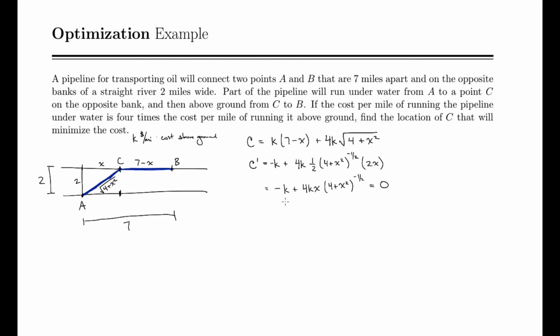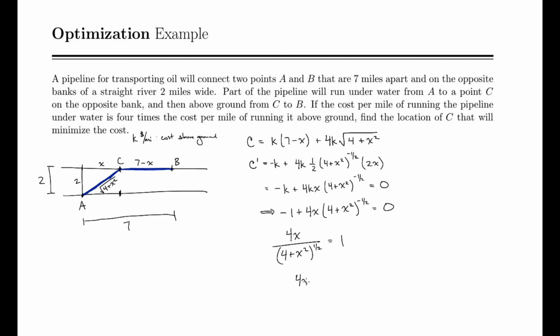Well, notice if we can divide everything by K, that'll just get rid of it for us. So we have negative 1 plus 4x times 4 plus x squared to the negative 1/2 equals 0. And now we'll add the 1 over. So 4x, we'll write this as a fraction now, over 4 plus x squared to the 1/2 is equal to 1.